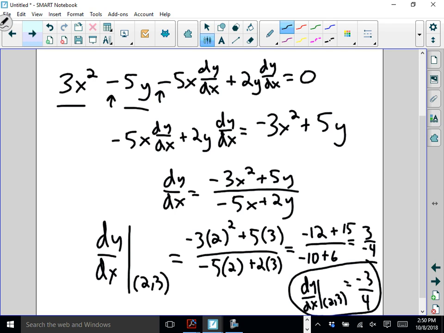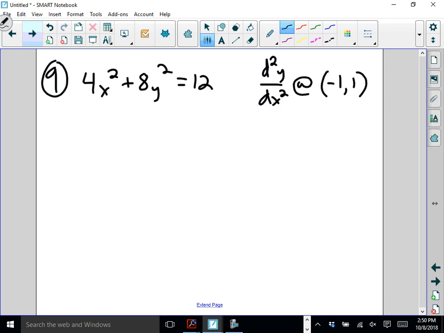Great, next problem. Let's look at problem number 9. Problem number 9 is a tough one because I have to get to the second derivative and I have to evaluate it at the point (-1, 1). So to get to the second derivative, I first have to get to the first derivative. And the most important thing here is simplify that first derivative. So here's my first derivative.